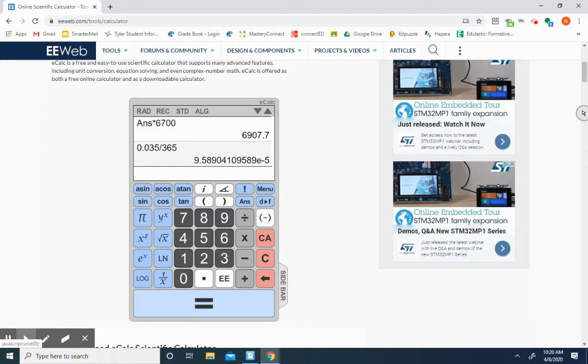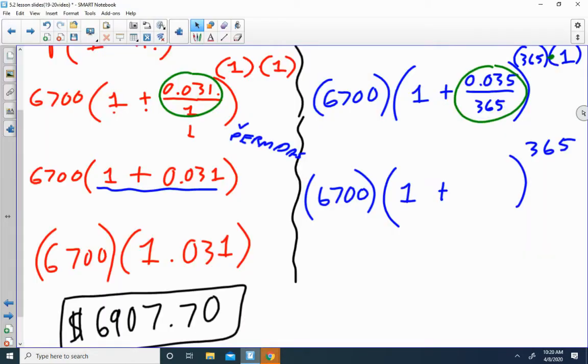Whew, that's a big number, and it also has e to the power negative 5. I'm not even going to bother writing that all down on the slide. I'm just going to call that blob 1.